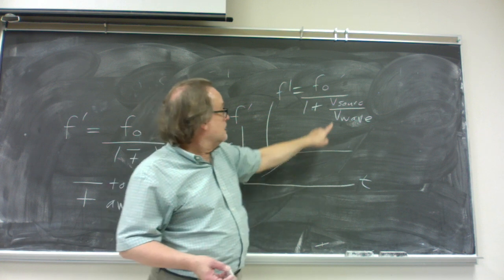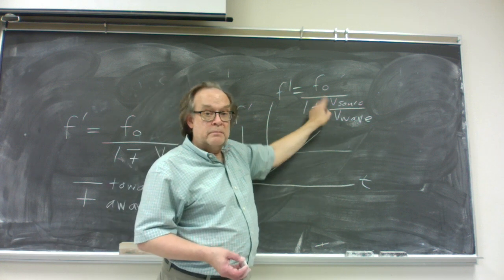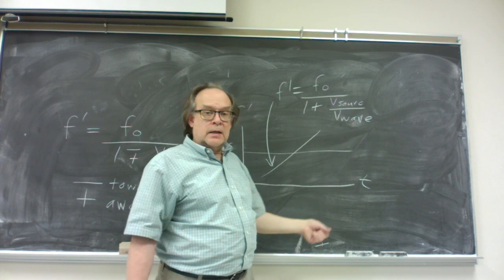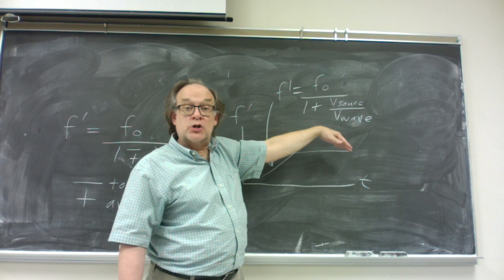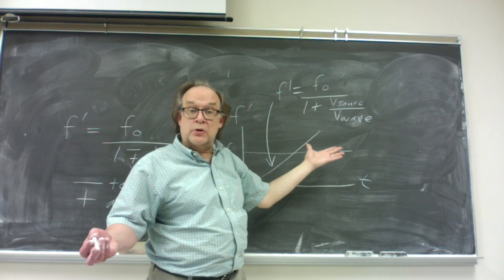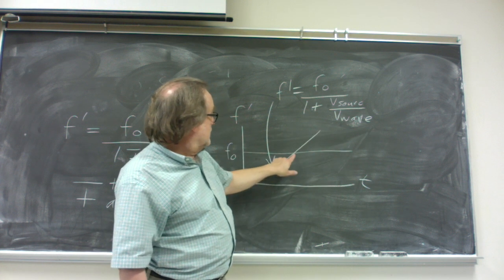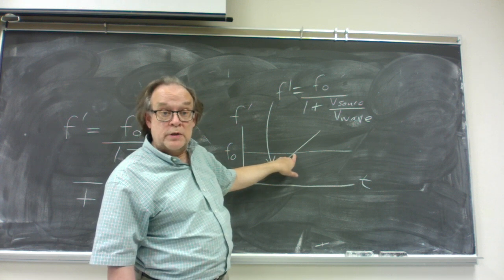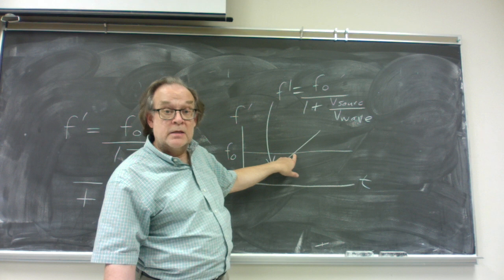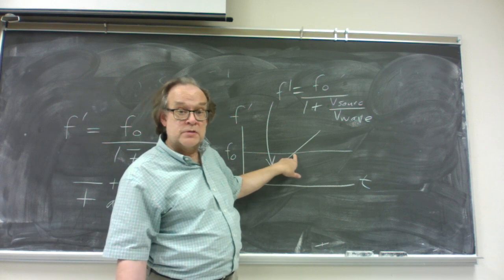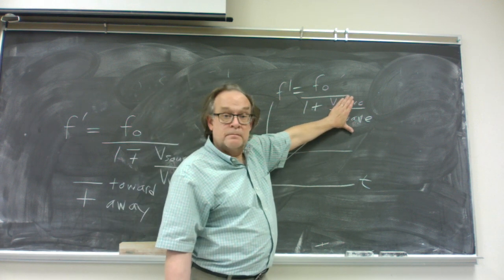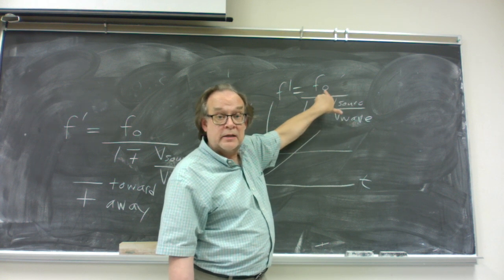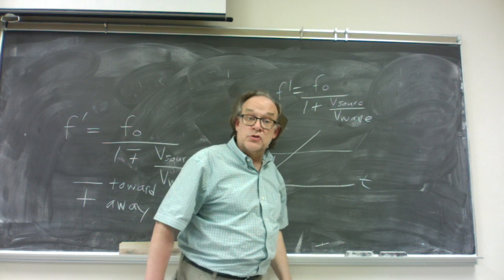Or put it another way, this gets smaller, means the denominator gets closer to just plain 1, which means this fraction gets closer to just plain f0. And then, of course, at this moment, the ambulance must have come, just for a moment, to a stop. 0 speed for the source. In that case, this thing here is 0, and then the frequency you hear is exactly the frequency of the source.